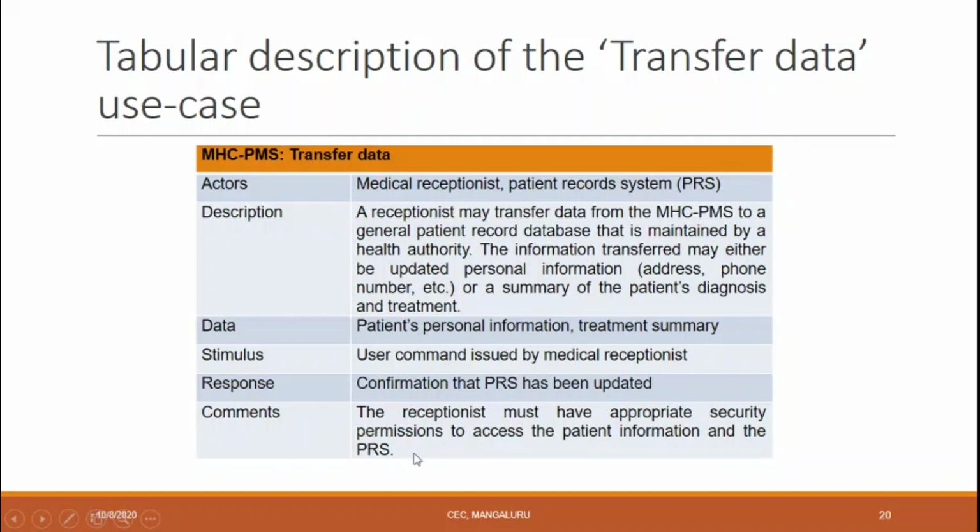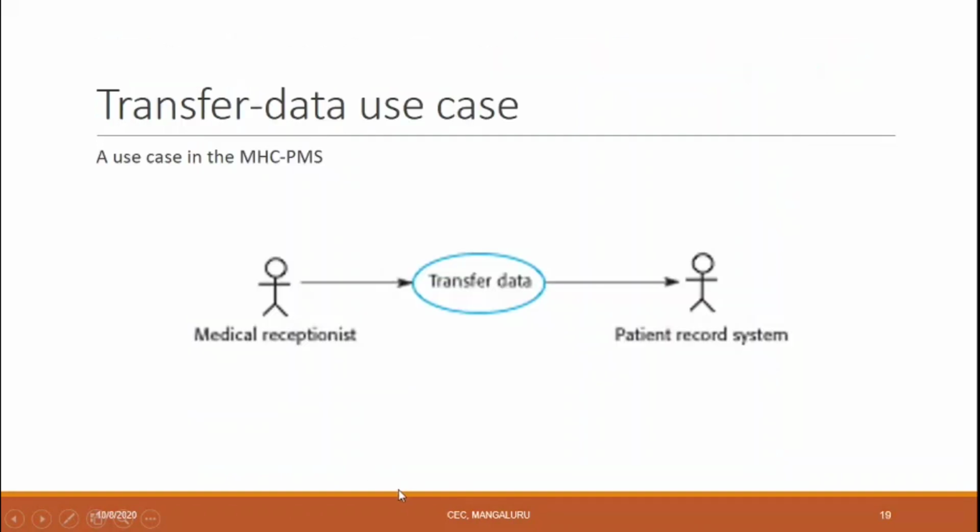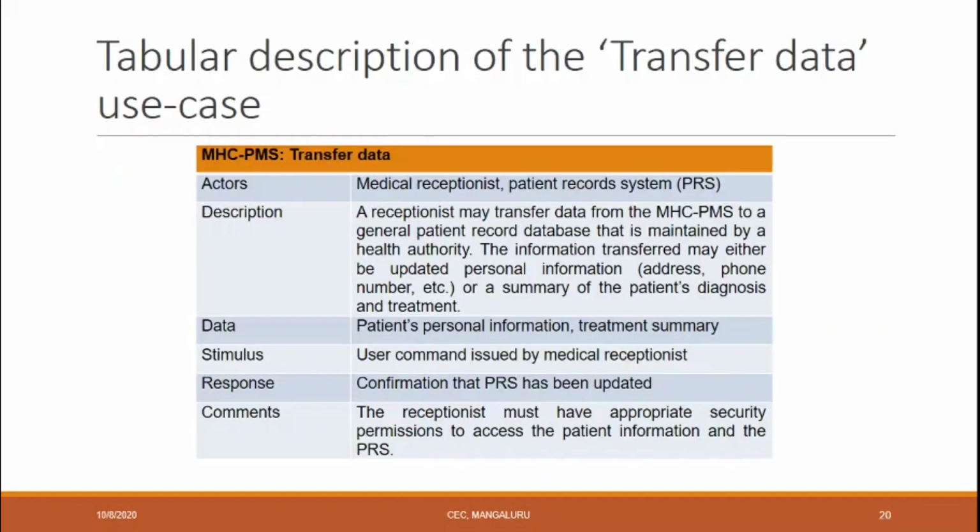record system. So by giving this one diagram, it is able to be understood by the implementation team. Along with it, you should give a brief description about the use case: who was the actor, for what purpose, what data is required, who is able to access the data, and what is the response and stimulus. These are the various pieces of information that have to be given in the tabular column.